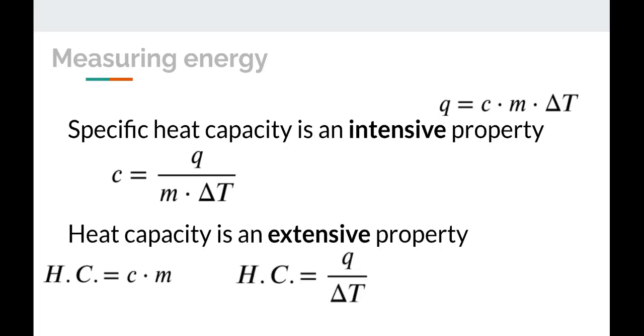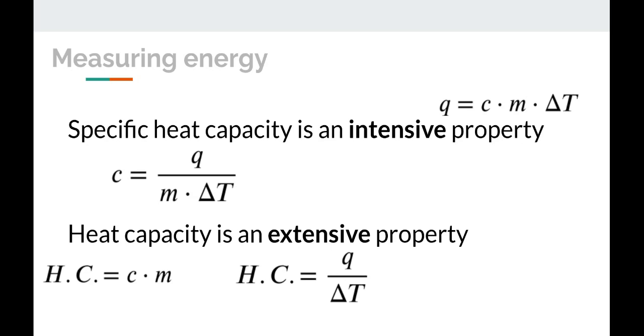Or another way you can think about it is it's the ratio of how much energy is transferred to how much the temperature goes up. Heat capacity is useful because sometimes you have an object that's made of more than one substance. So then you can account for some metal, some liquid, some gas, whatever is all involved in this system.